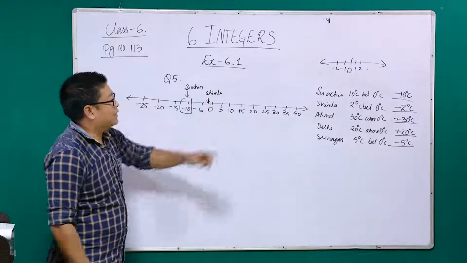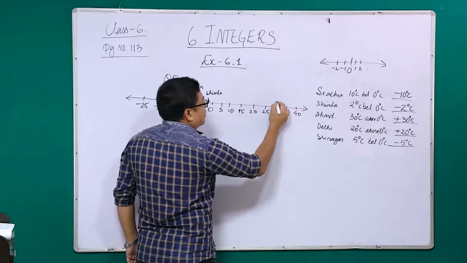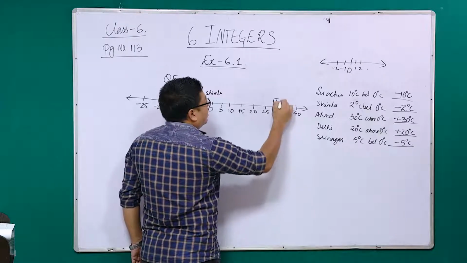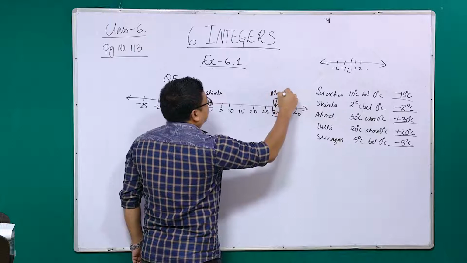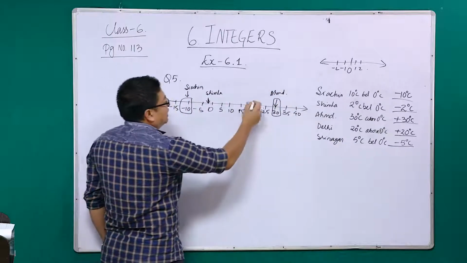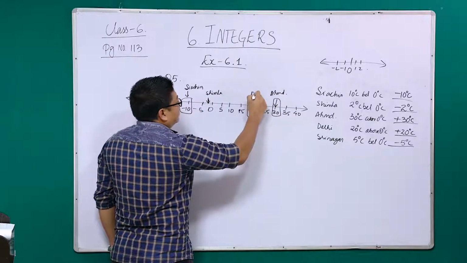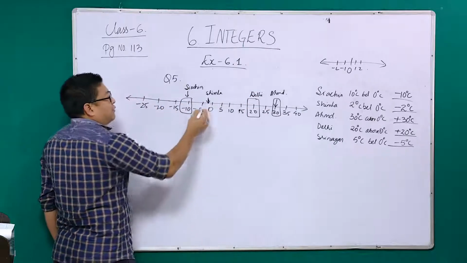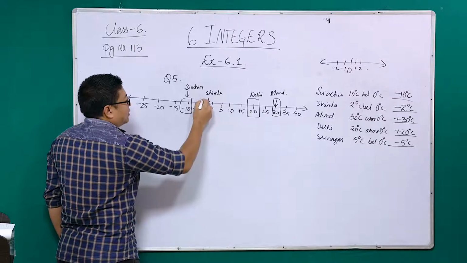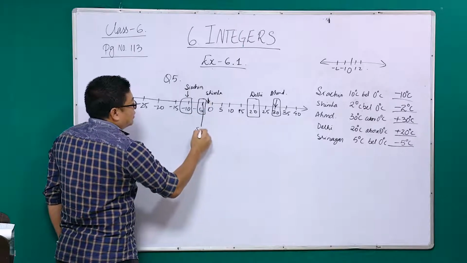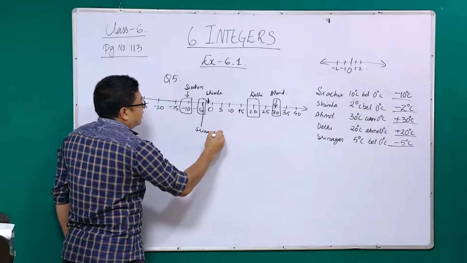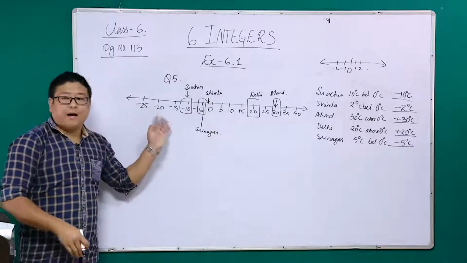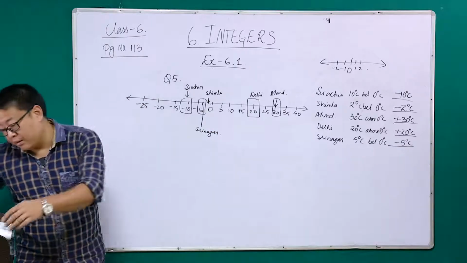Next is +30, Ahmedabad. So plus will be on the right side. This is your Ahmedabad. Delhi also +20, it is here. So this is Delhi. And finally Srinagar is -5, that is this one, -5. So this is Srinagar. So this is all about question 5B.